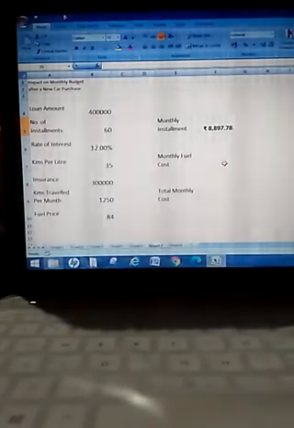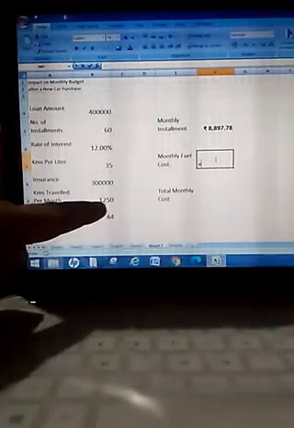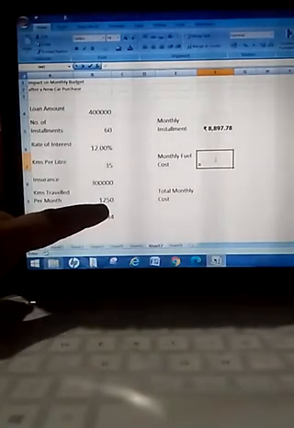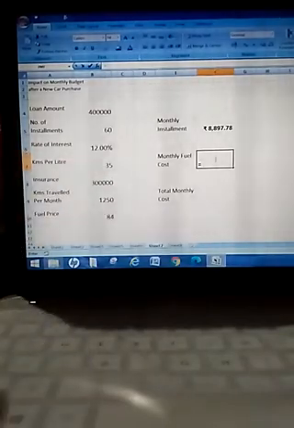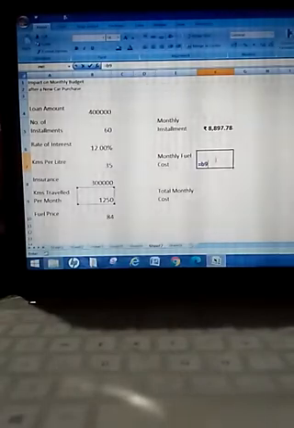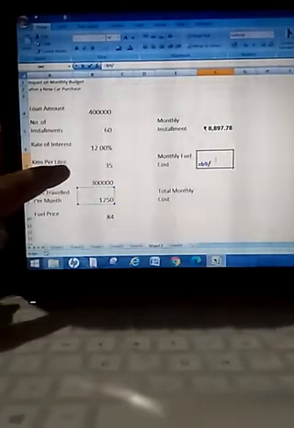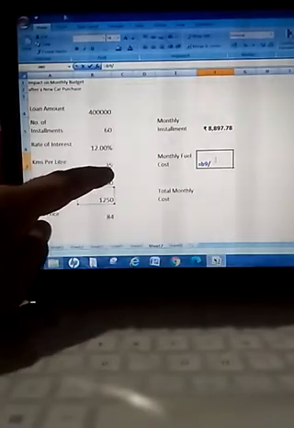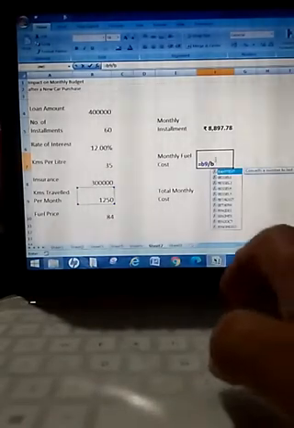Here I'm going to write the formula, equal to. Now you will see that you are traveling in your car 1250 kilometers per month. That is given in B9, so I'm writing B9. Clear? Then divide by the kilometers per liter, that is your average, which is written in B7.